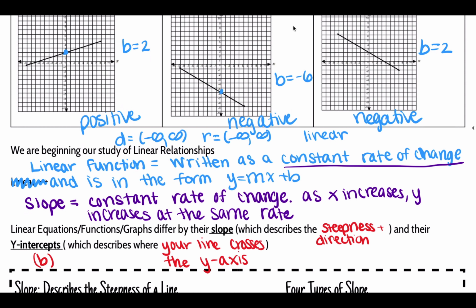And slope, that is your m. In your equation, y equals mx plus b, m is your slope, b is your y-intercept.